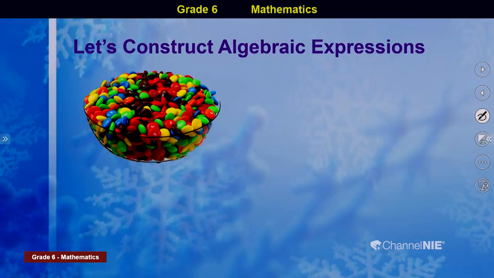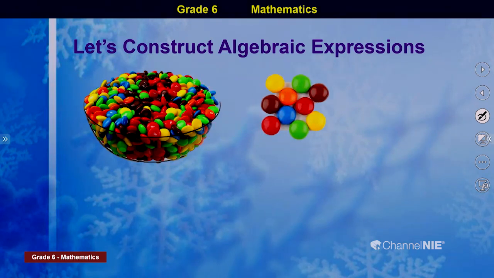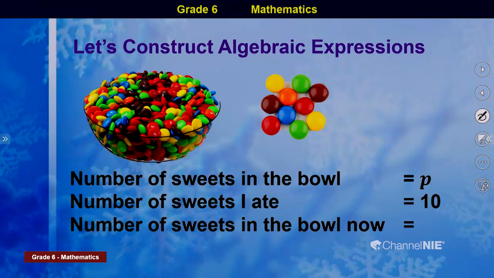Let's see whether you can write an algebraic expression for this situation. There are some sweets in a bowl. What I did was, I took 10 sweets from the bowl and ate them. Number of sweets in the bowl is an unknown. So, I use the term p. Then the number of sweets I ate is 10.